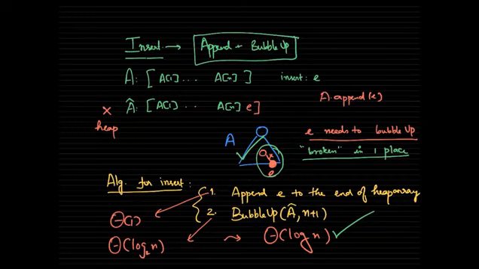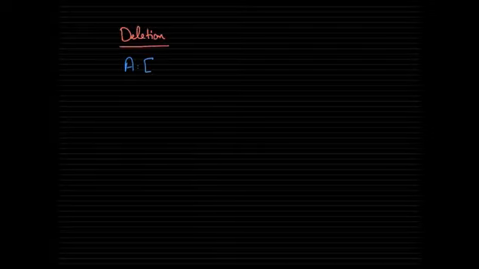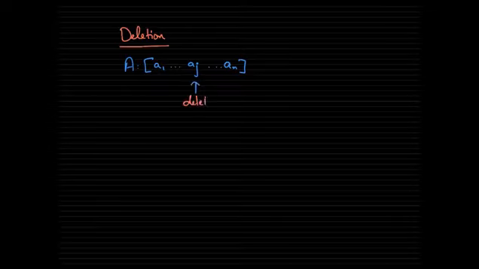All right, then let's move on to the next operation, which is deletion. Suppose I have a heap, A sub 1, A sub j, A sub n, and let's say I want to delete the jth element.